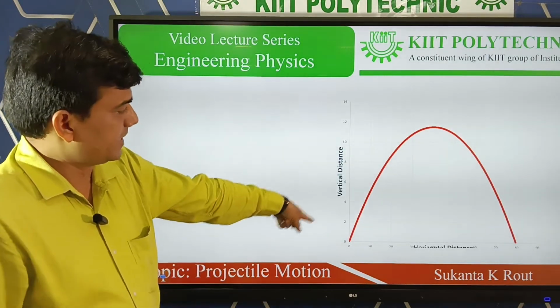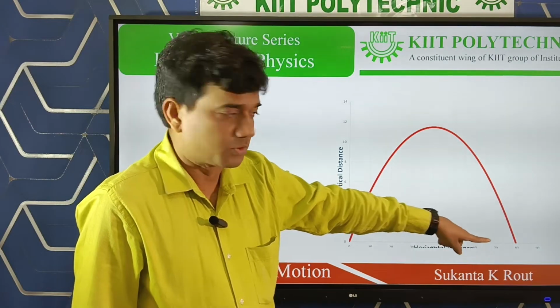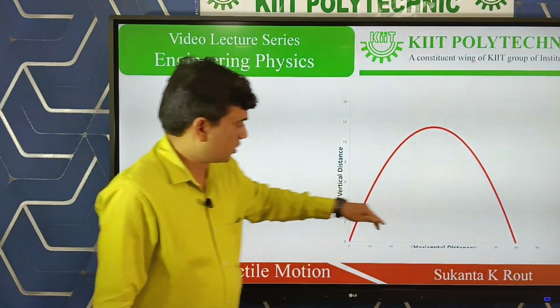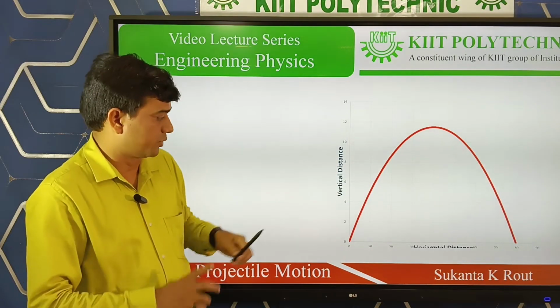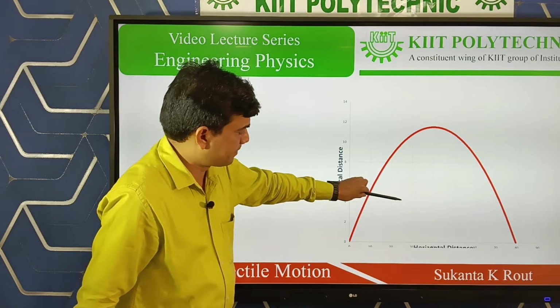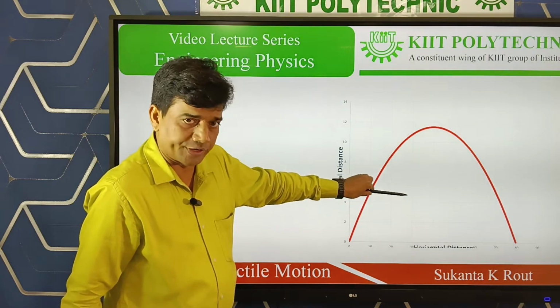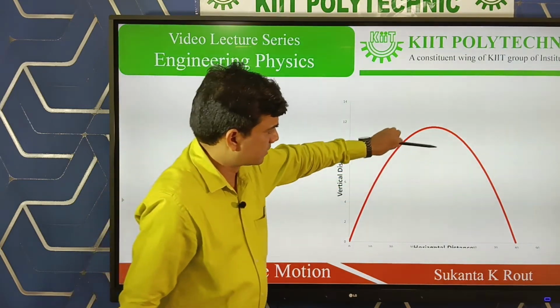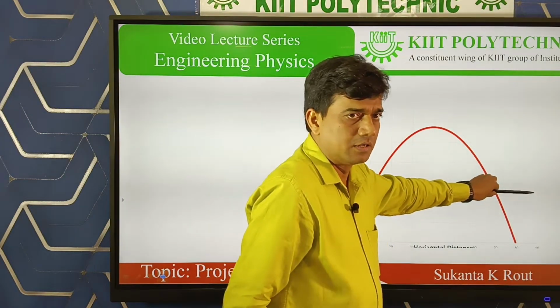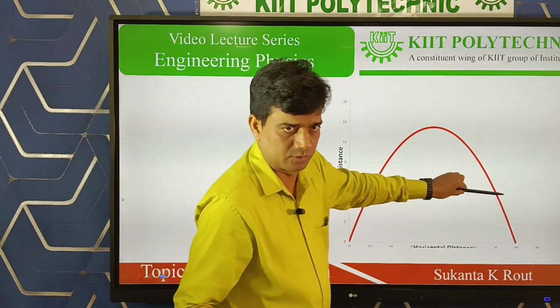So that will be the path. You can better see this is a parabola, isn't it? Here at any time, dear students, u cos theta, I have written, at any point, this is in horizontal direction. At any time, that u cos theta is always constant, being in horizontal direction, because of the absence of gravity in horizontal direction.